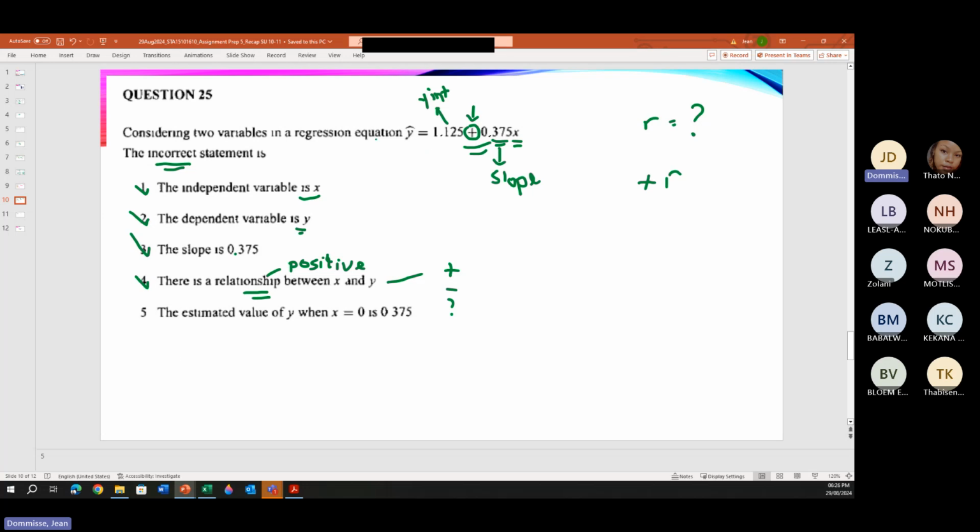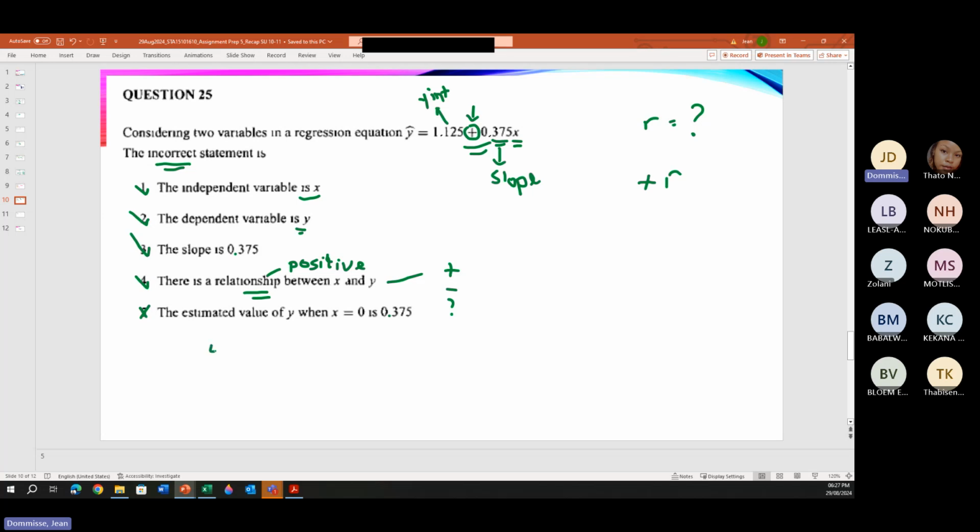Okay, then the last one, they say the estimated value of y when x is 0 is 0.375. Okay, so that will be the wrong one.